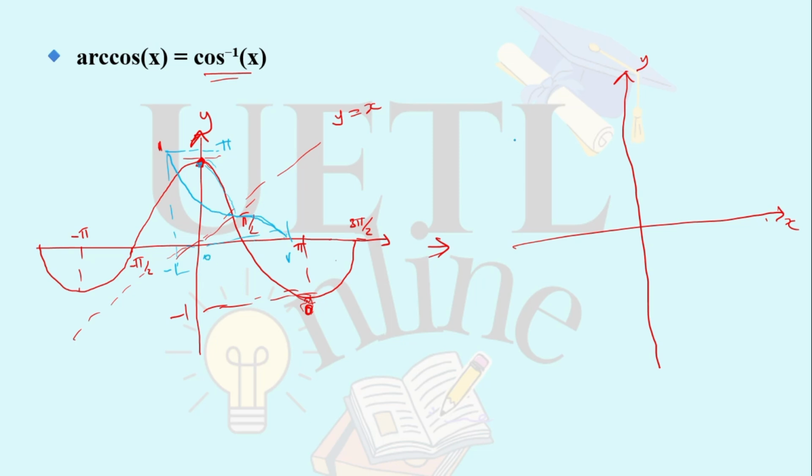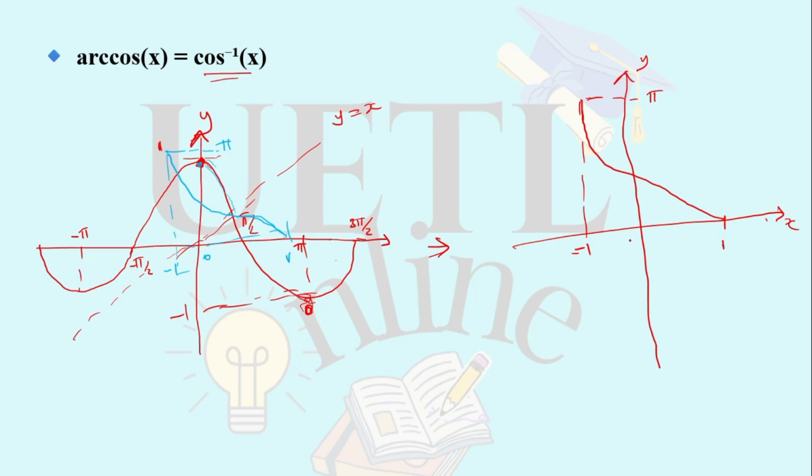Now we just have to draw this graph in blue on this new graph. It is going to start from here, then cut here, then go here. This one is going to become pi, here is going to become minus 1, and here is going to become 1.